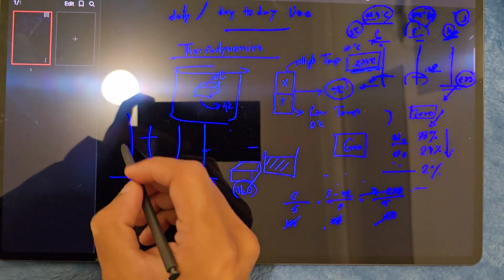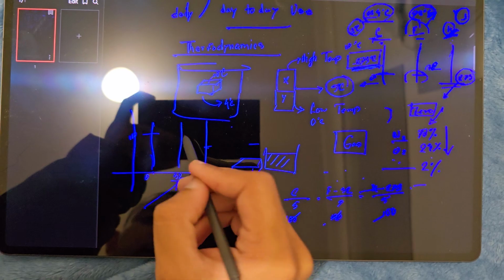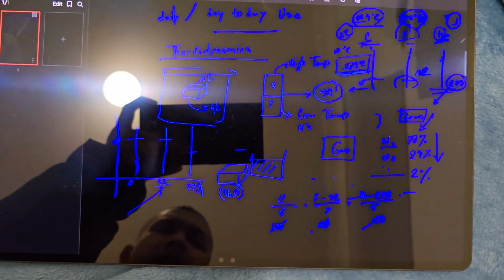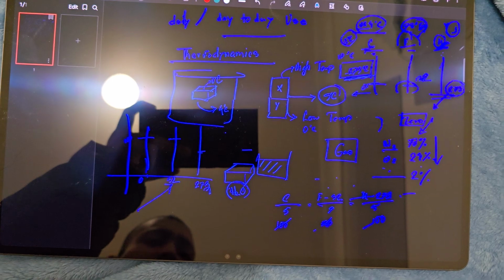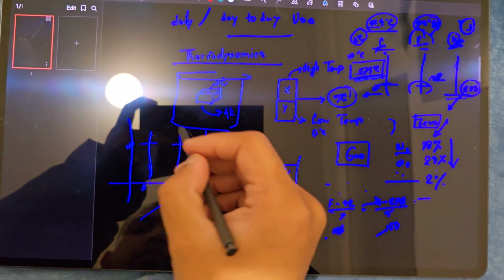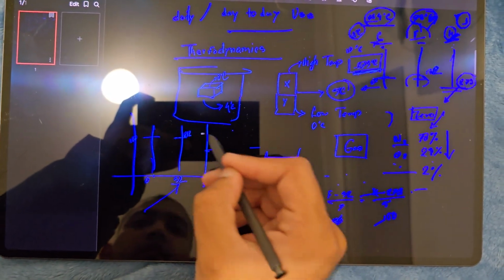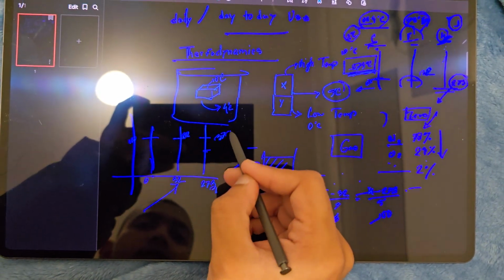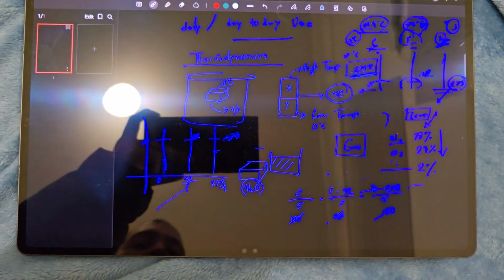and 100 degrees Celsius, when the water becomes vapor, is 32 plus 180, which becomes 212 degrees Fahrenheit, and this becomes 373 Kelvin. It's the same temperature, just different scales.